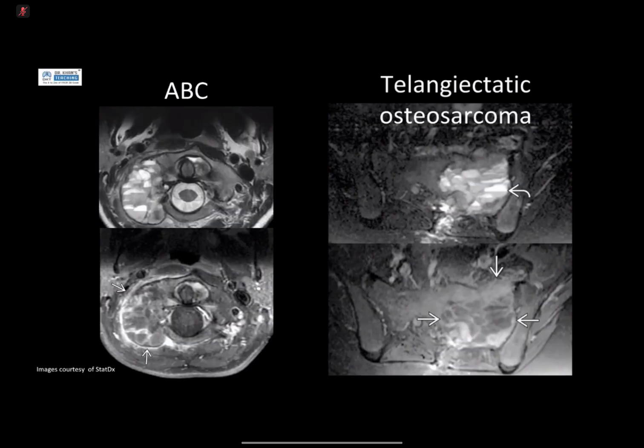You can see how ill-defined those margins are. The arrows are pointing to the sacrum, whereas on the left the ABC is far more well-defined. And also there's the infiltrative process around the lesion for the telangiectatic osteosarcoma. So you're looking for those more aggressive features for the latter.